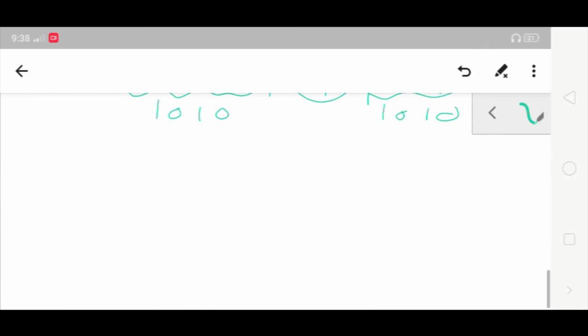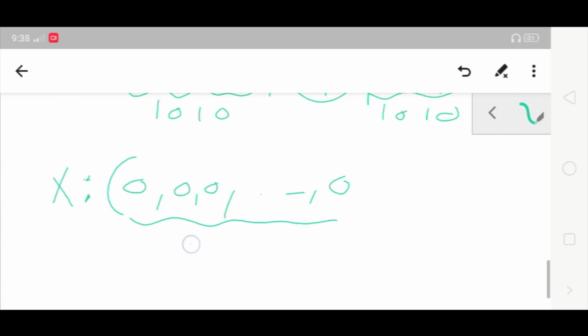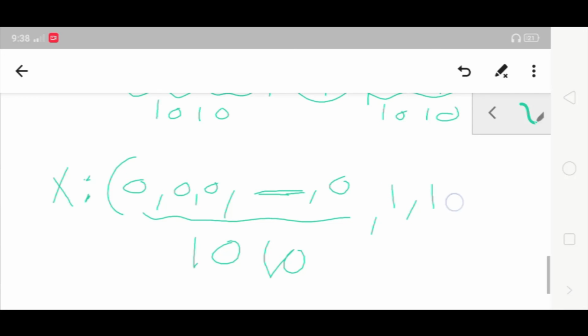So in this case our x is actually equal to 0, 0, 0, up to 0, this is up to 1,010 terms, and 1, 1, this is again up to the 1,010th term.